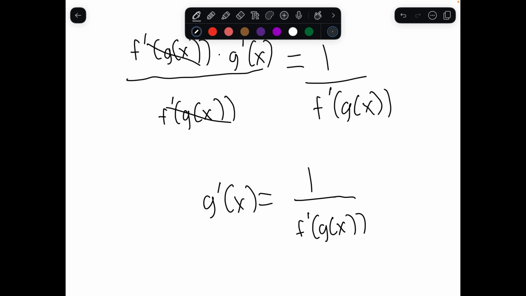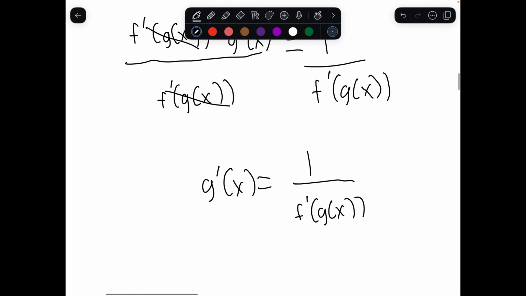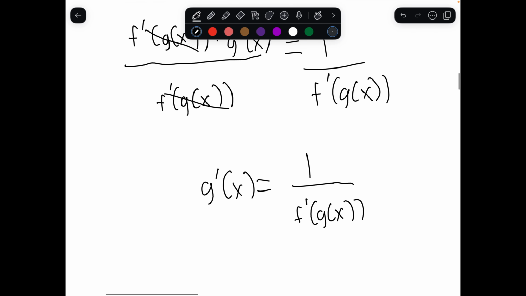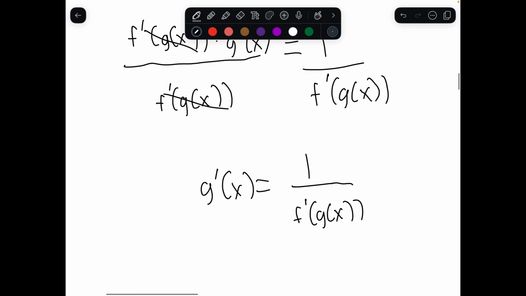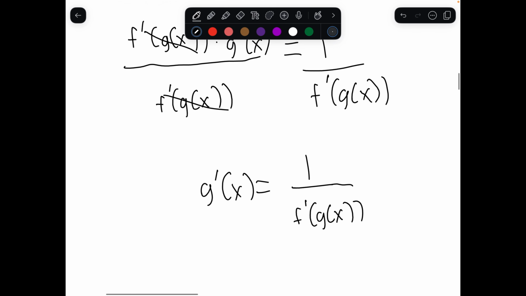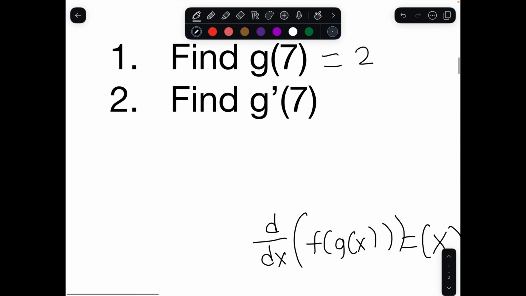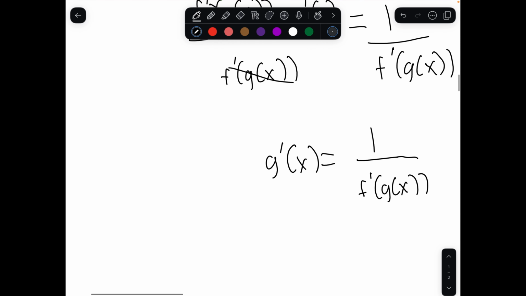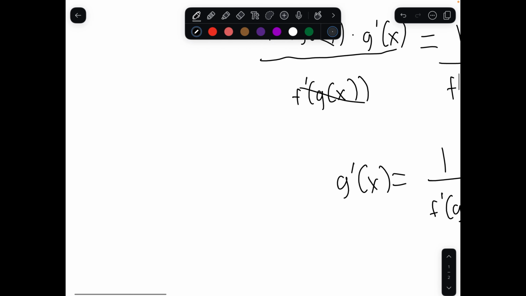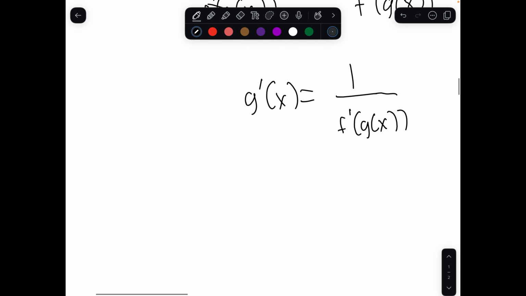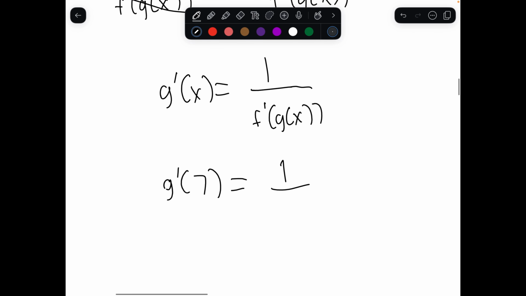This is your formula, and if you just know how to derive it, I feel that's much easier to remember than memorizing the formula. Now, since we have the formula for g prime of x, we can just plug in 7. So g prime of 7 is going to equal 1 over f prime of g of 7.